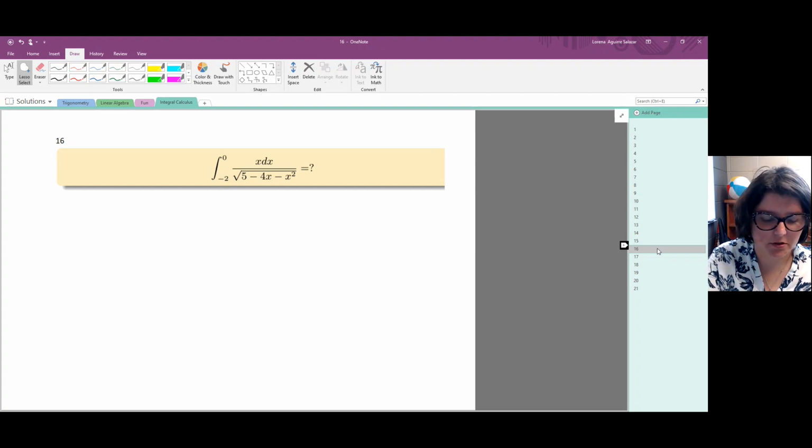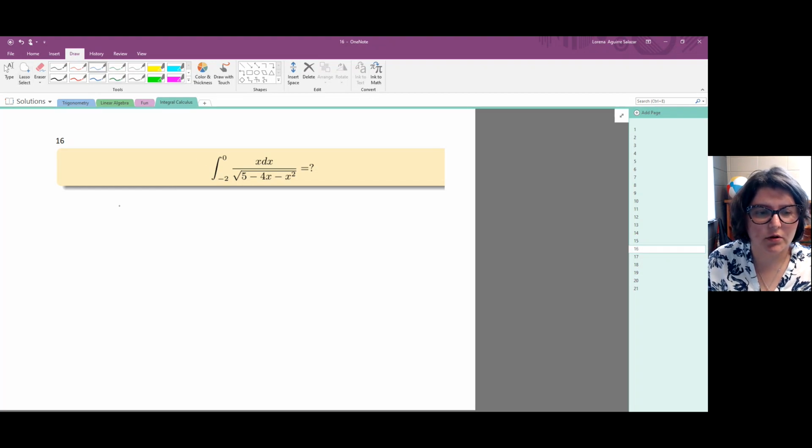The first thing we want to do is take the quantity under the root and write it as a squared minus x squared, probably with a different x. So 5 minus 4x minus x squared will be written as something like a squared minus another x squared.